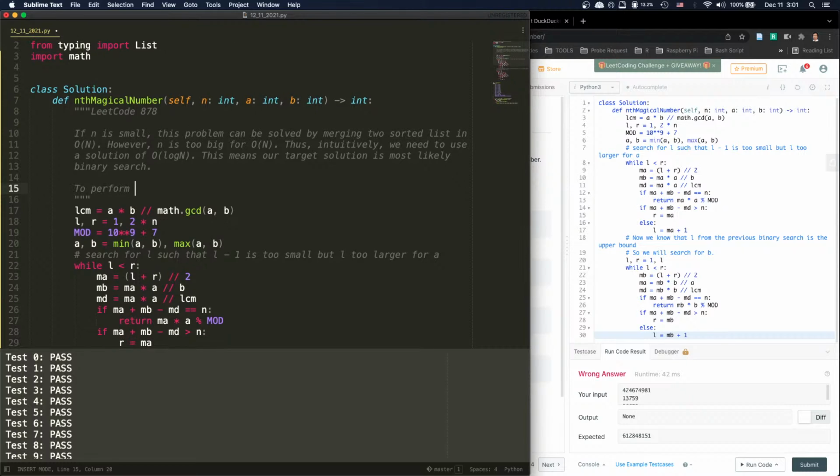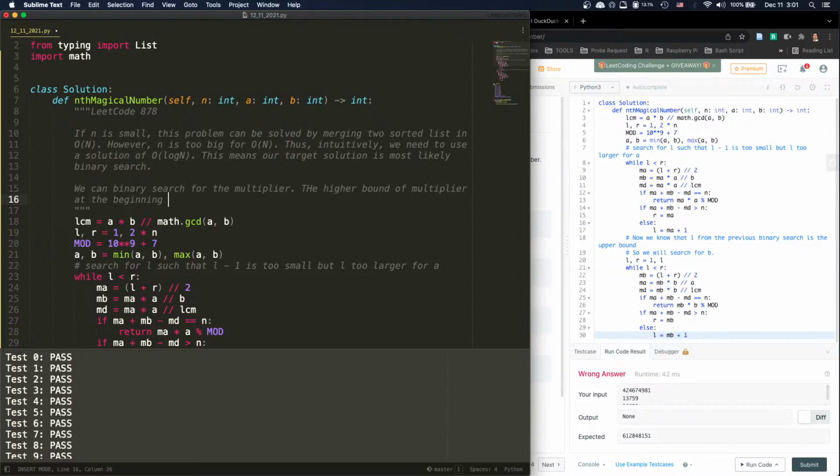To perform binary search, we can binary search for the multiplier, right? The higher bound of the multiplier at the beginning must be 2 times n.